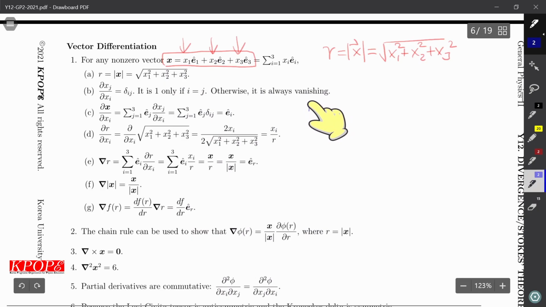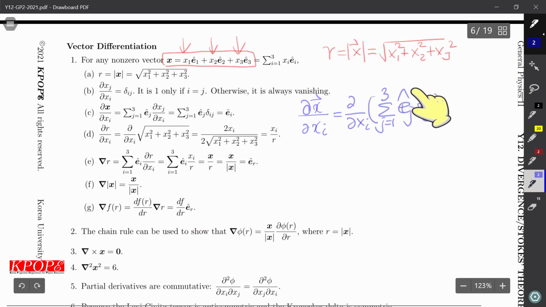Next, the derivative of the x vector with respect to xi. The x vector is a sum over j from 1 to 3 of ej hat xj. The unit vector is constant.